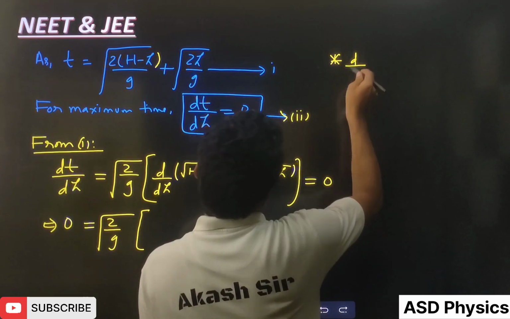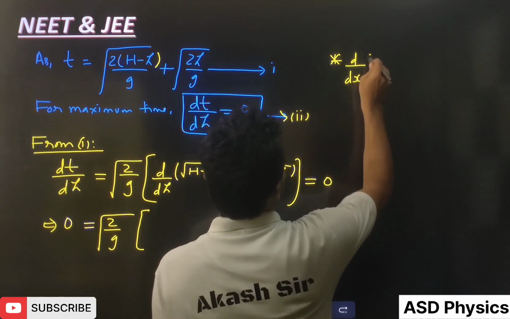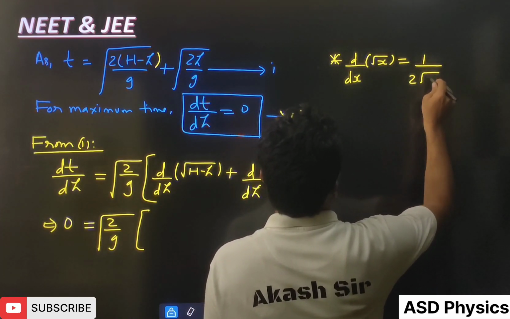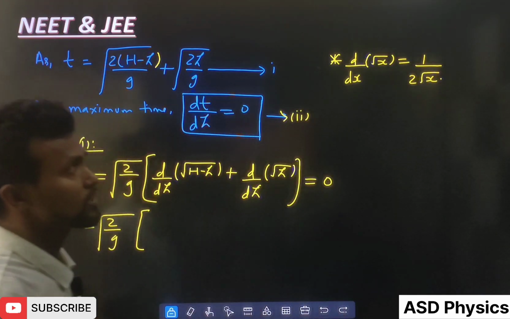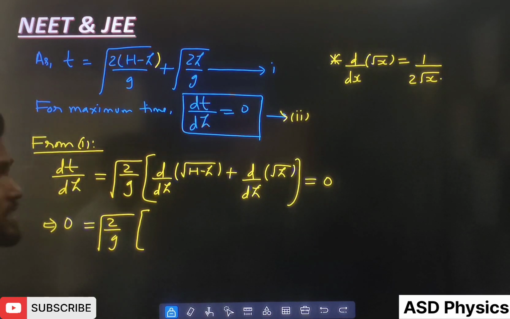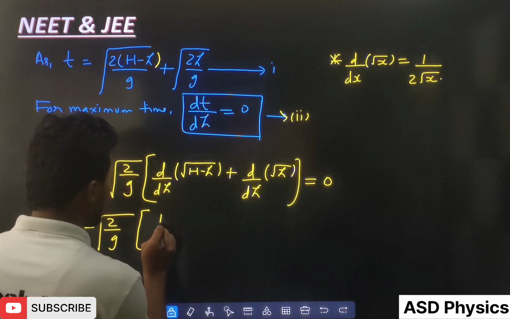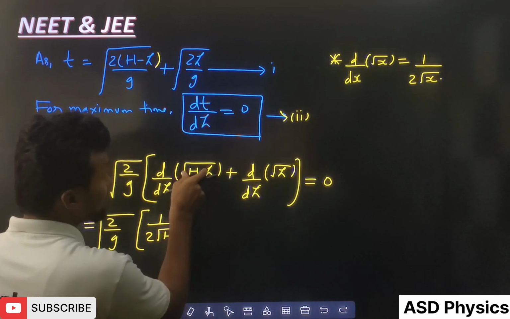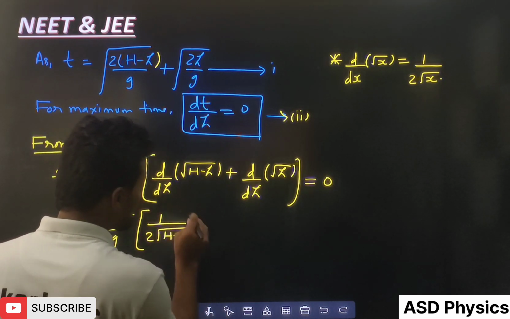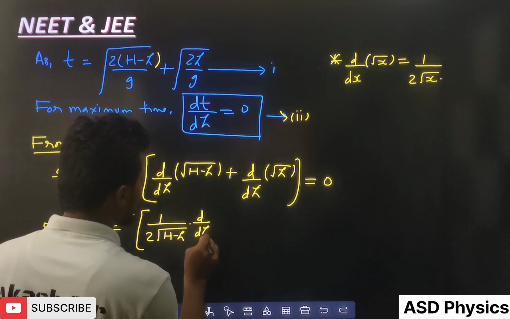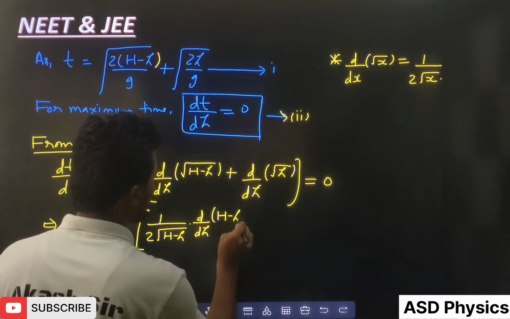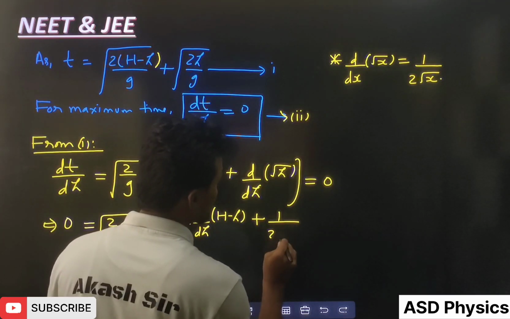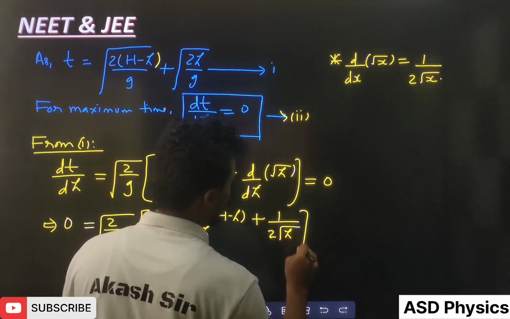If I'm doing, for example, d by dx of root x, this always comes as 1 by 2 root x, by using the formula n x to the power n minus 1. So from here it will become 1 by 2 root of (H minus h), but instead of x here H minus h is there, so this H minus h again I have to differentiate. Plus this will come 1 by 2 root h, very simple.